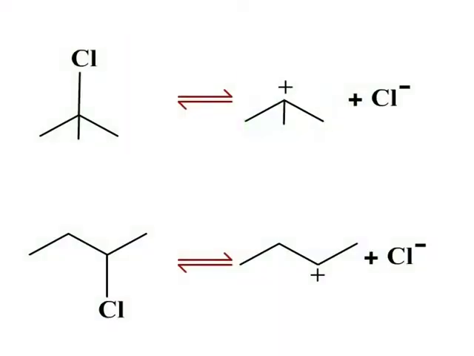Upon ionization it will form a tertiary carbocation, which is more stable than the secondary carbocation formed upon the ionization of secondary butyl chloride. This means that tertiary butyl chloride is more reactive in this case.